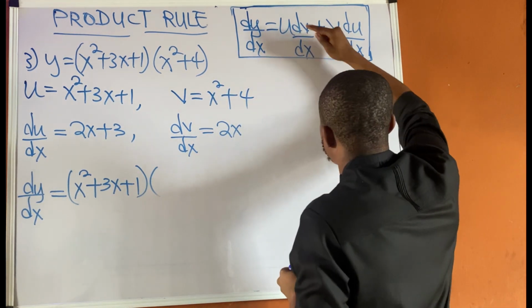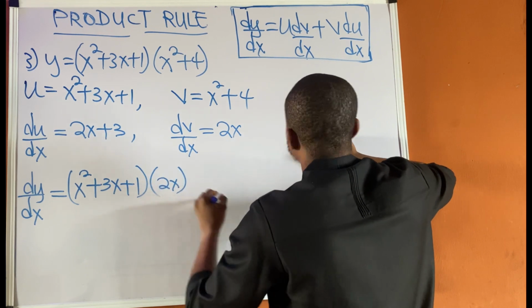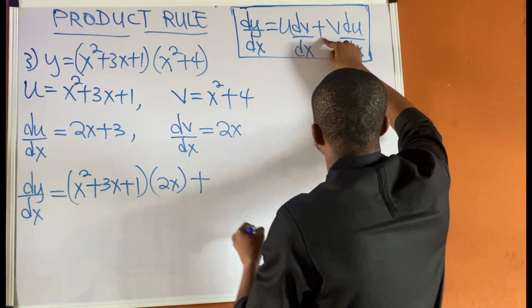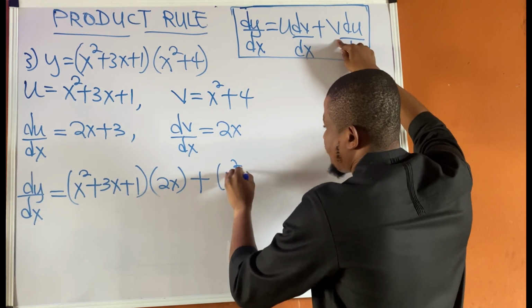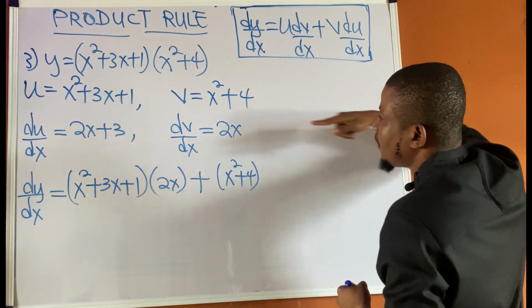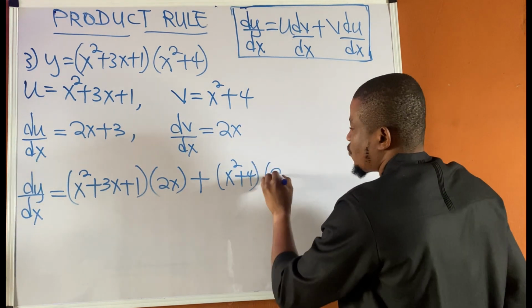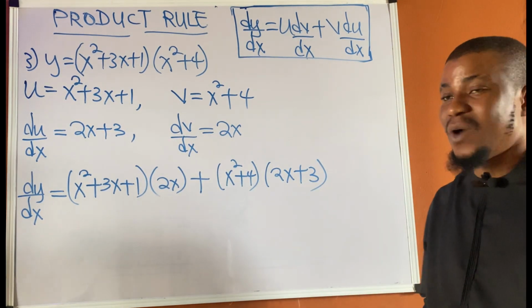Then multiply it with dv dx. Our dv dx is 2x. The next part is plus. We are following strictly. v is x squared plus 4. And then our du dx. du dx is 2x plus 3. This is our dy dx.